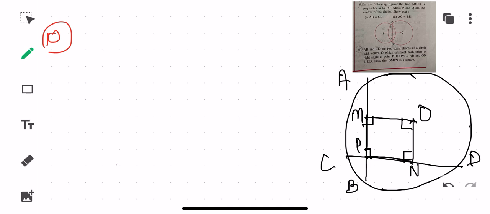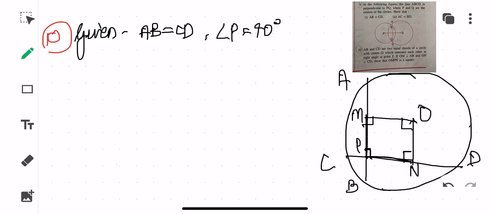Just write down given. First of all, AB is equal to CD. This is what has been given already. And then what else has been given? That angle P is equal to 90 degrees. And write down, children, OM is perpendicular to AB, and ON is perpendicular to CD.